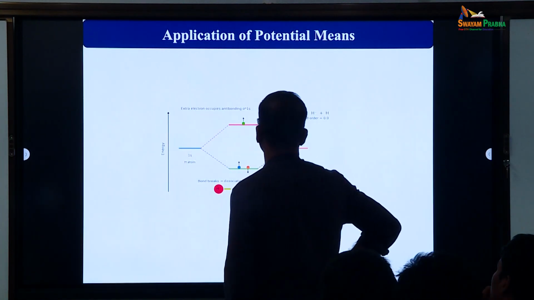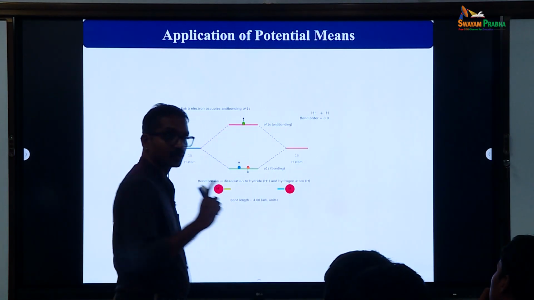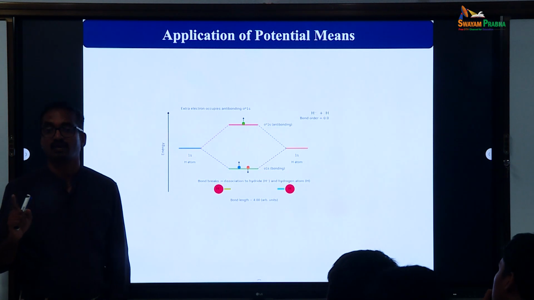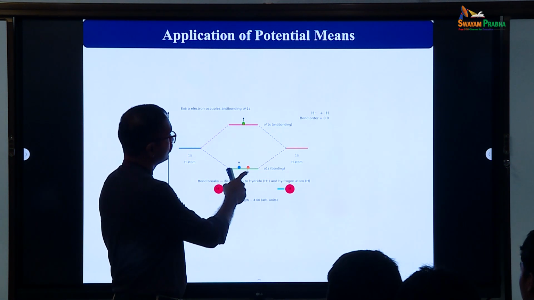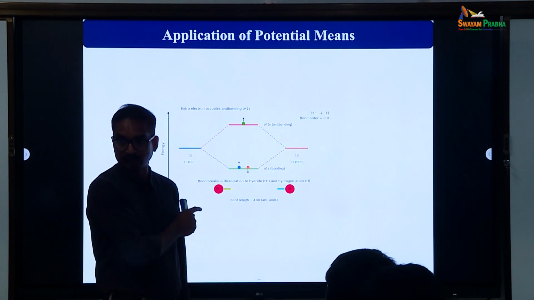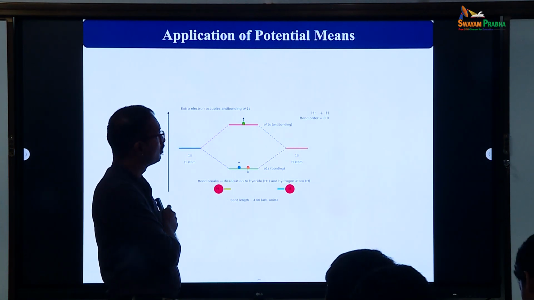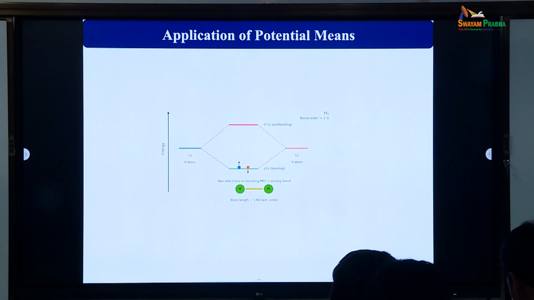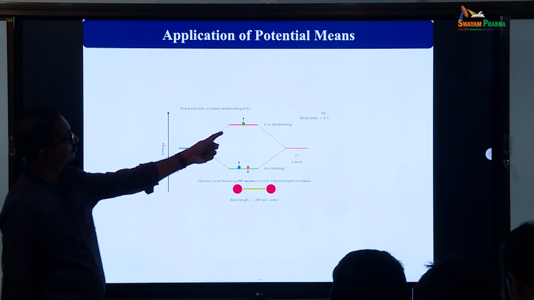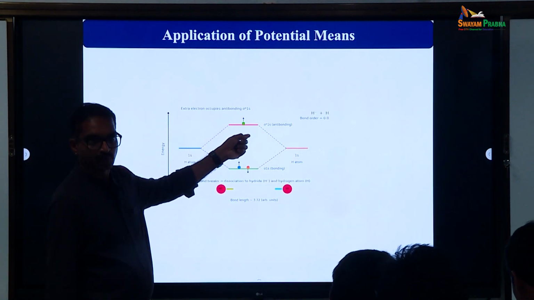That means there is no bond. So then it will become hydride and hydrogen. Hydrogen will have 1 electron, hydride will have 2 electrons. How many electrons total? 3 electrons. So application of potential means adding or removing an electron.